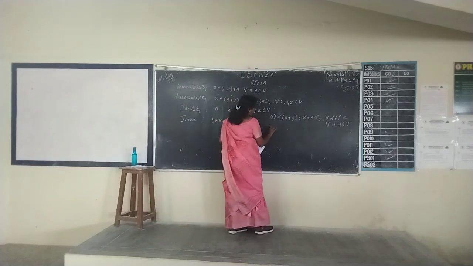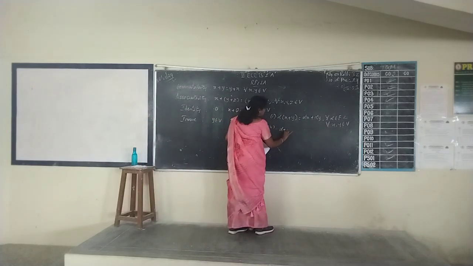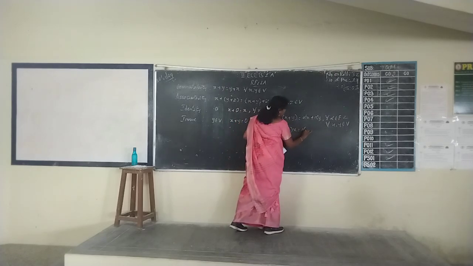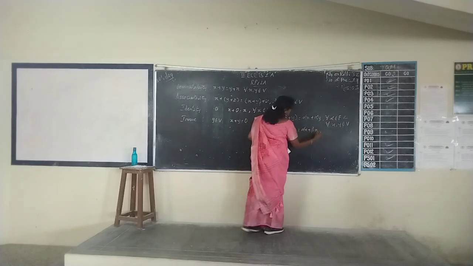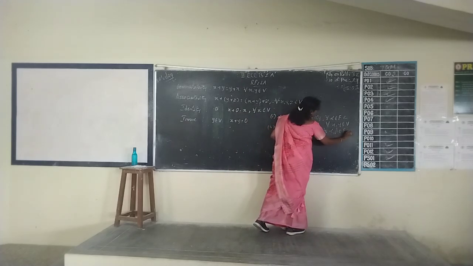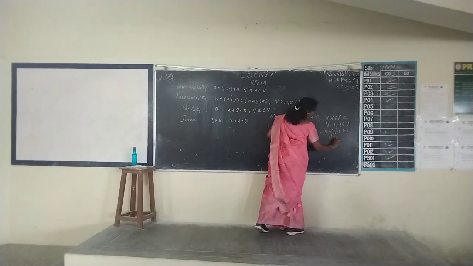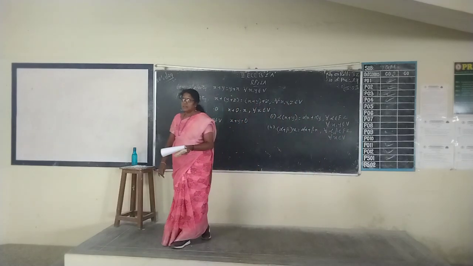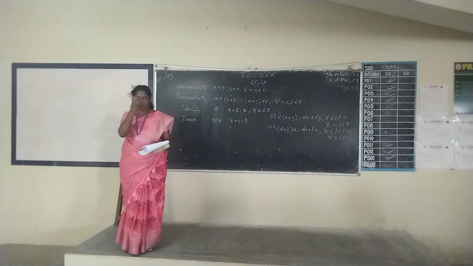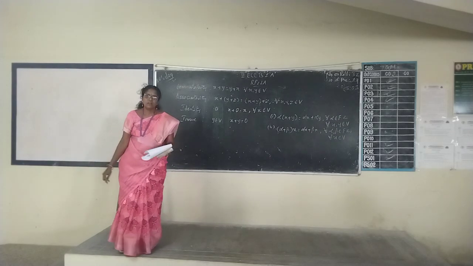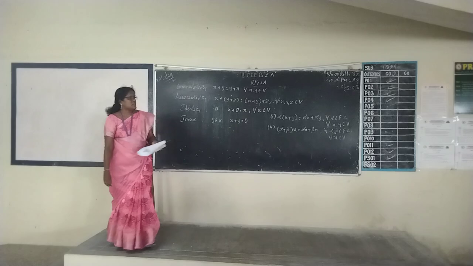Second one: alpha plus beta into x should be equal to alpha x plus beta x, for all alpha, beta belongs to F and for all x belongs to B. This is based on addition.